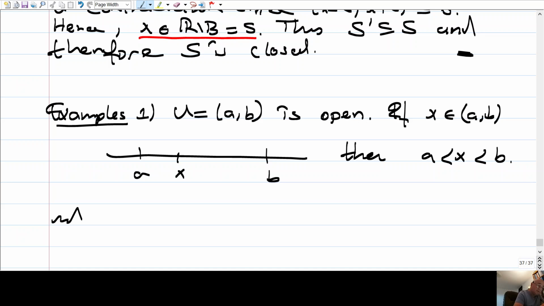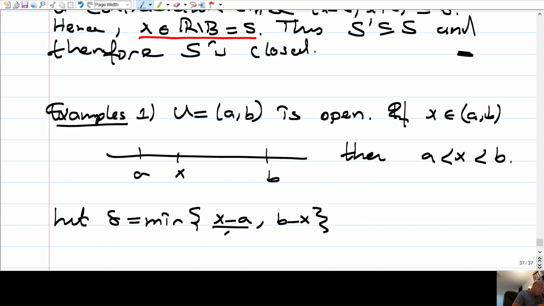So let delta be the minimum of X minus A and B minus X, and divide this by 2. So I measure the two distances, take the minimum, and divide it by 2. So delta is this.